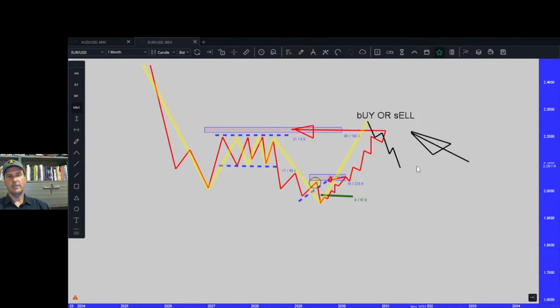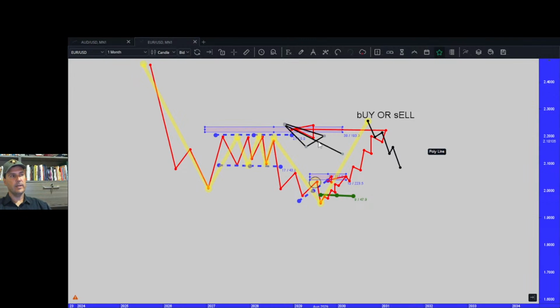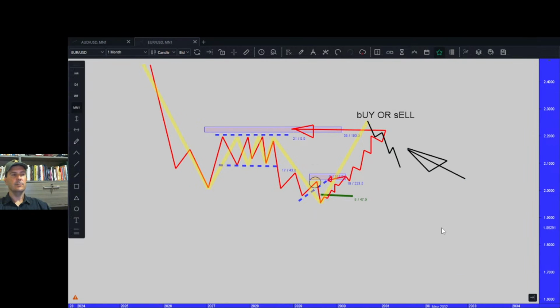Make sense? I'm not arrogant. This is the reality. When the reality is you, again, it's not your fault, don't judge yourself, but you've learned in the wrong way from the wrong YouTubers and the wrong TikTokers.